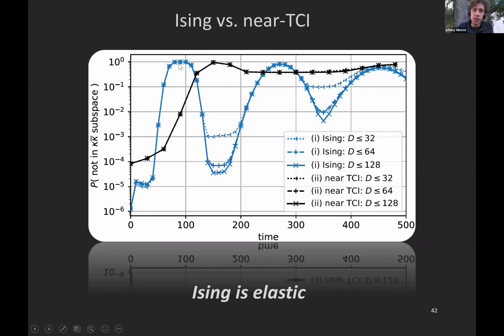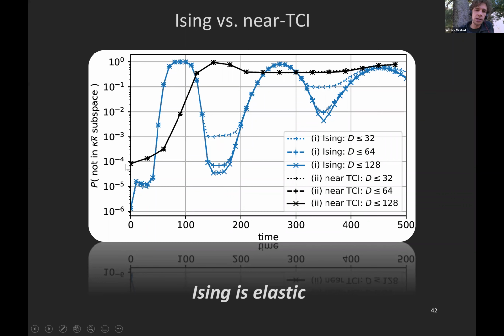Well, they're interacting, so we can no longer characterize them as separate kink and antikink states. But after they re-emerge from the collision, we find that indeed they are still in the kink-antikink subspace, and there aren't any other significant pieces of the wave function. And these different curves are different bond dimensions. As we increase the bond dimension, we get better accuracy and therefore a better characterization of this overlap.